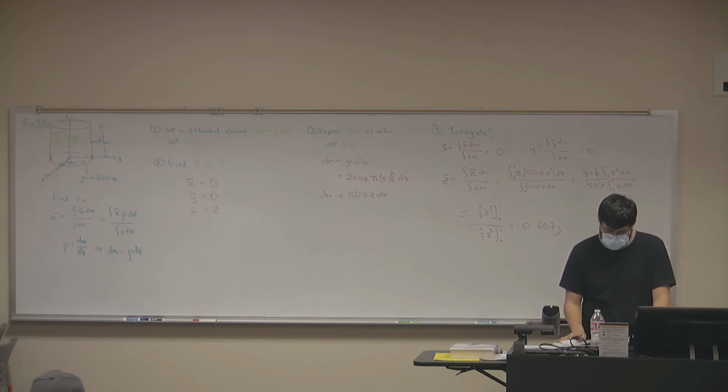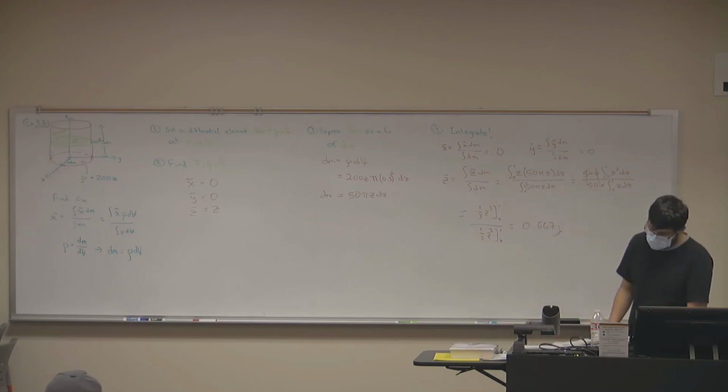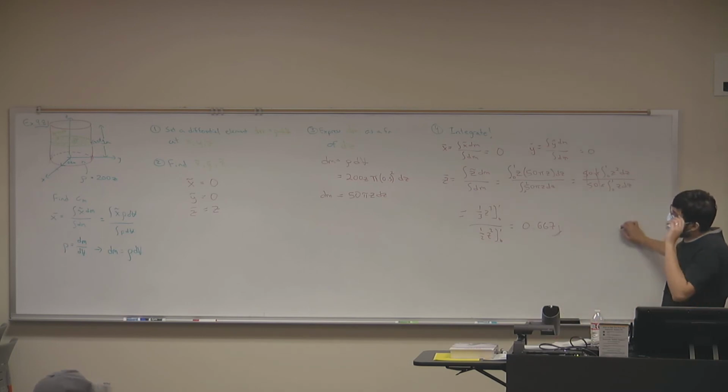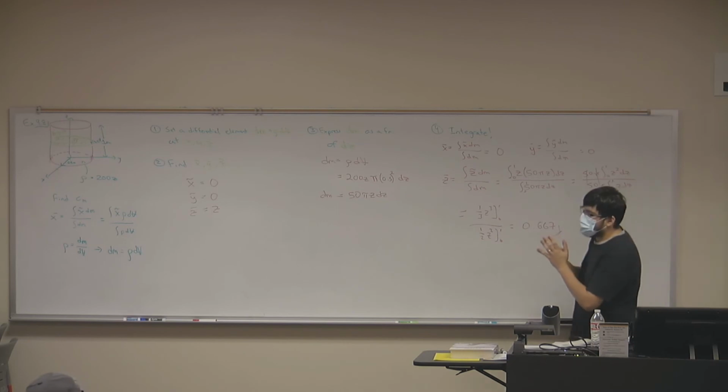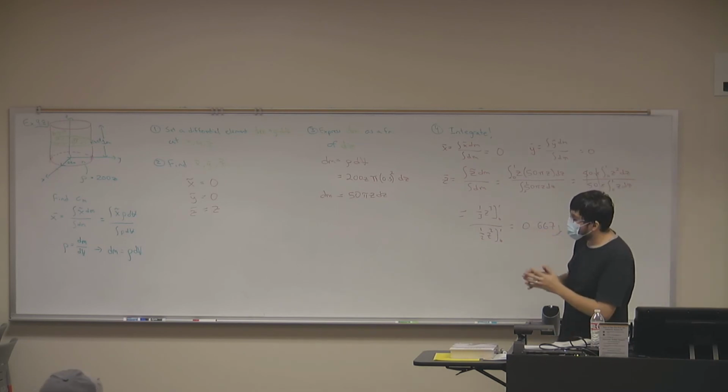Seeing that the density linearly goes up, could we have solved this by thinking about it as a cone? Like one of those snow cones or whatever? If you're trying to visualize this as a homogeneous element, then yes, you could see this as a cone and then get the same answer.